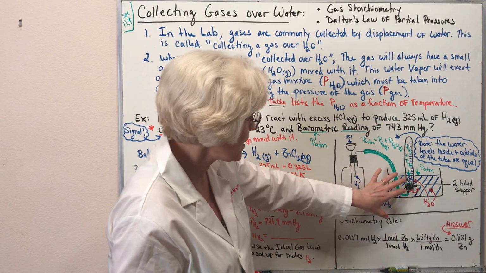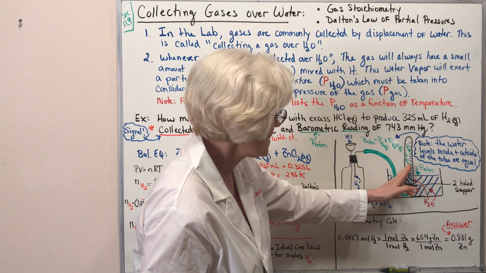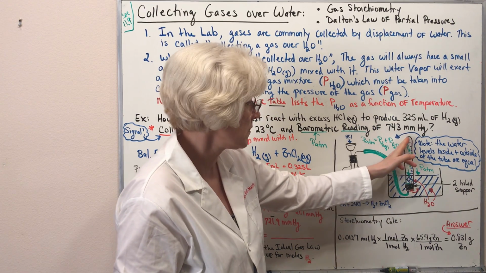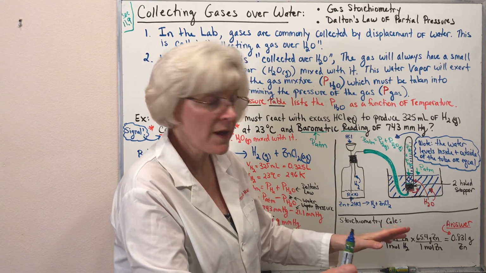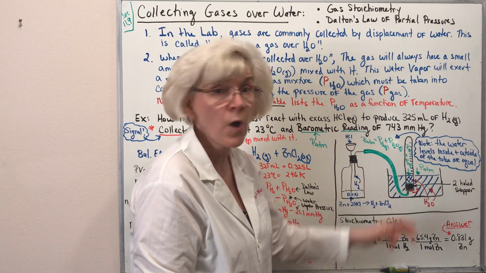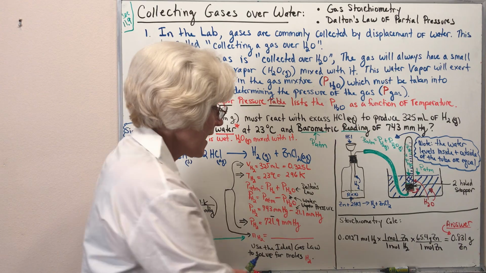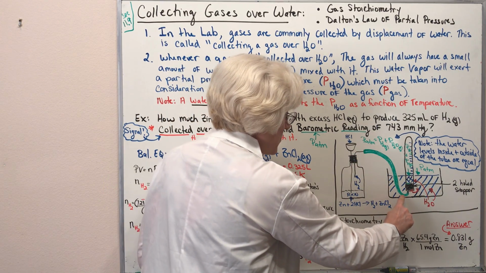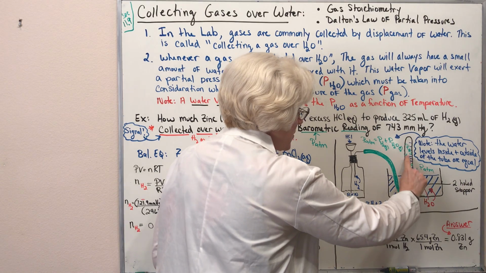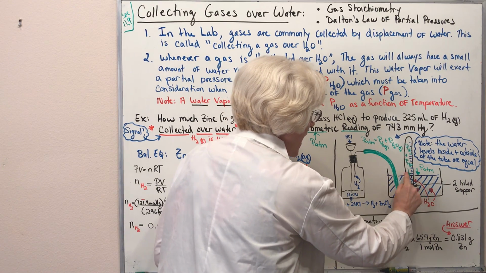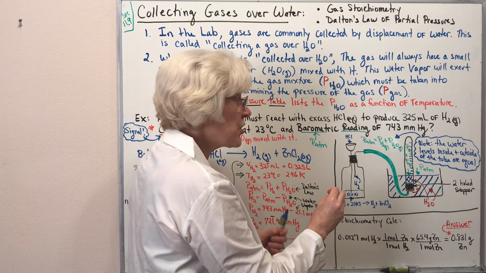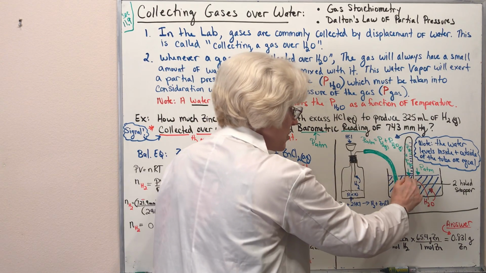Now at the start of this experiment, this gas measuring tube would be completely filled with water. No air pockets, just water present. And as the hydrogen gas is produced and moves through the tube into the gas measuring tube and goes up, it displaces or pushes the water out of the tube.